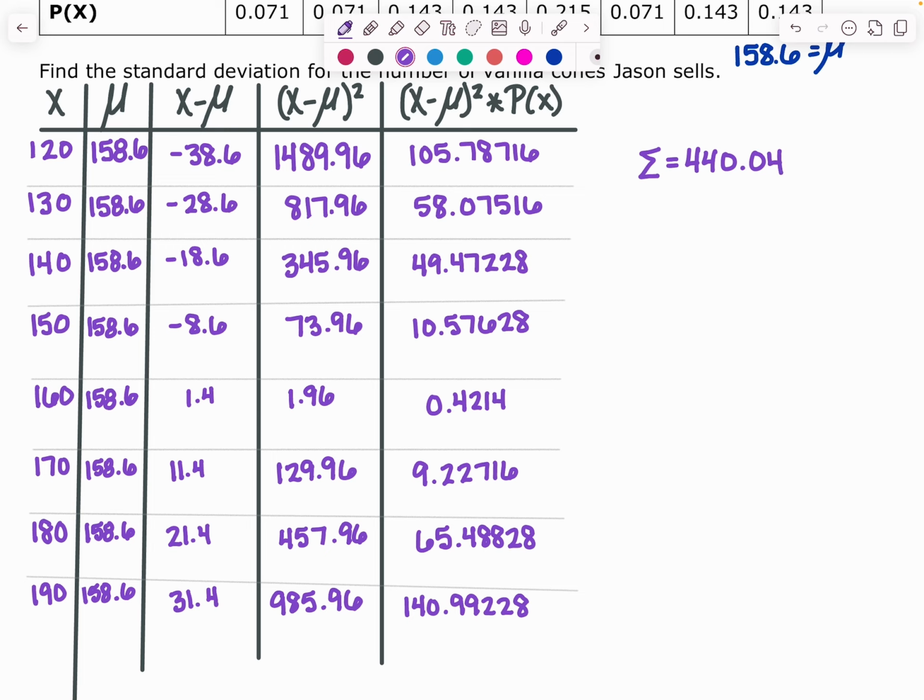And then the last step is to take the square root of that, 440.04. And that gives us a standard deviation of 20.978.